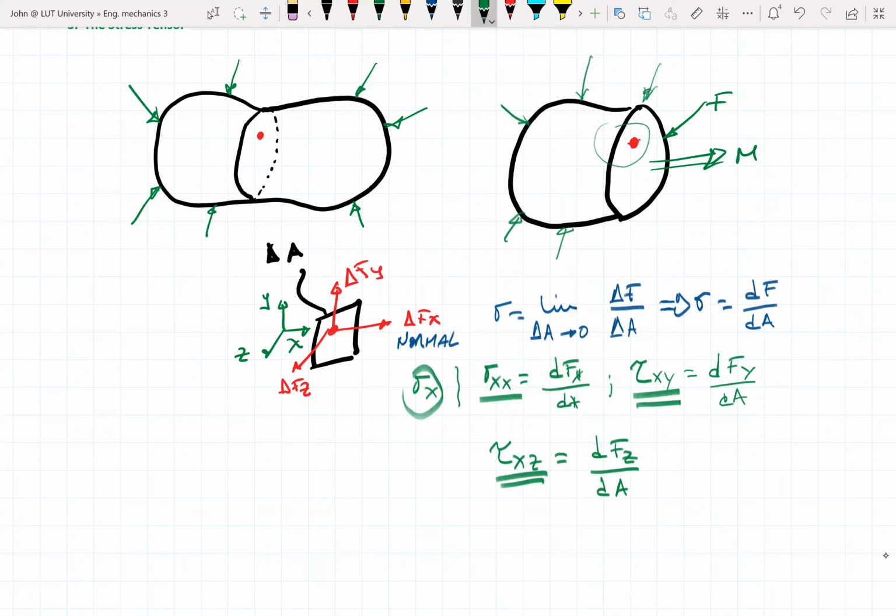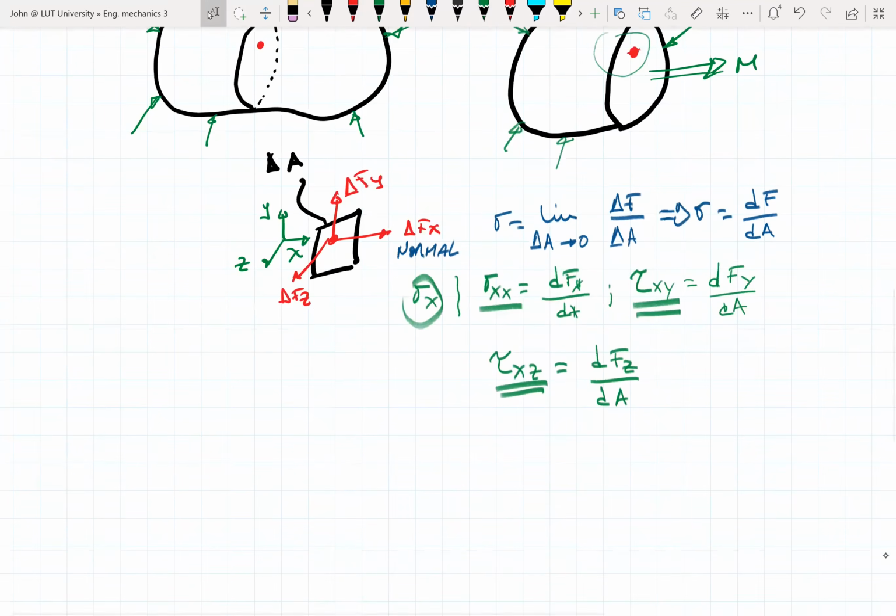I can represent it as an infinitesimal cube where stresses are applied. That's going to allow us to formulate many of the equations of equilibrium and many of the relations we're going to need to calculate magnitudes and parameters on these types of problems.